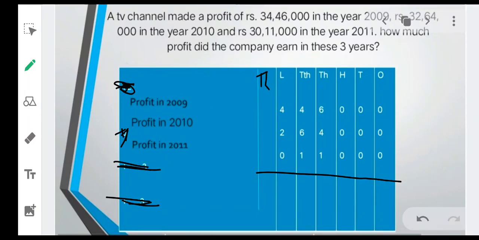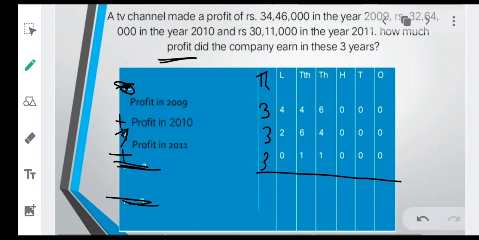Students, a TV channel made a profit of rupees 34 lakh 46,000 in the year 2009, rupees 32,64,000 in the year 2010, and rupees 30,11,000 in the year 2011. How much profit? Yes, you got the question. We have to add these. So this is a practice sum. You have to solve it at home.